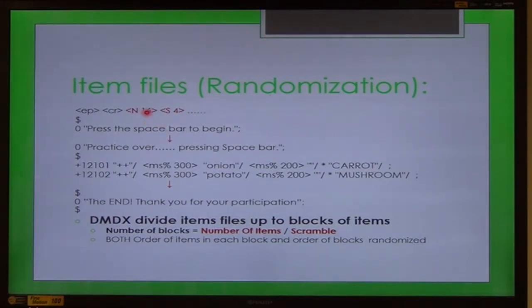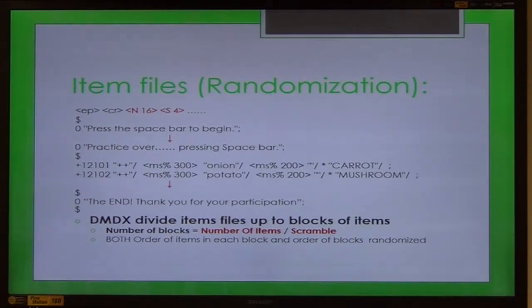When you type n and s with the corresponding numbers, you are instructing the program to randomize your trials. n actually means the number of your trials. So I read it here: n is the number of trials, and s is how many blocks you want to divide those items into.